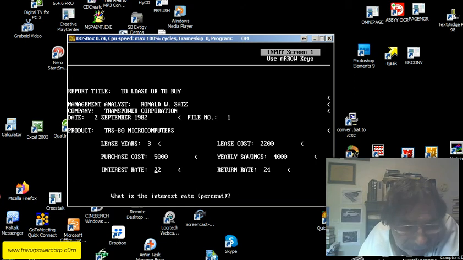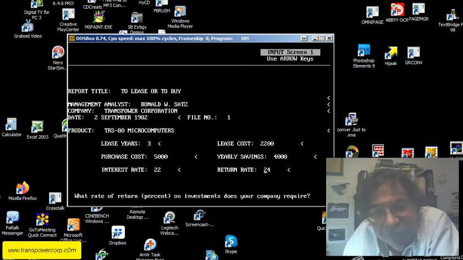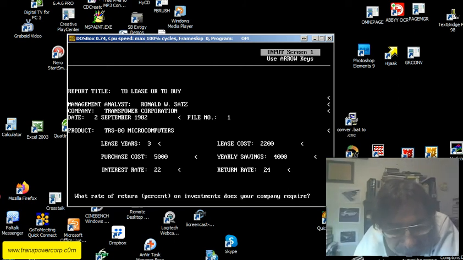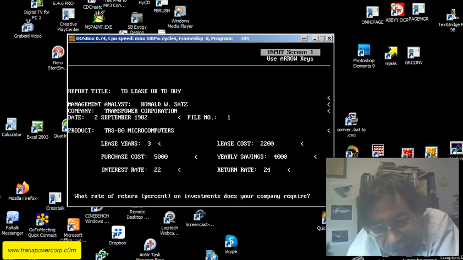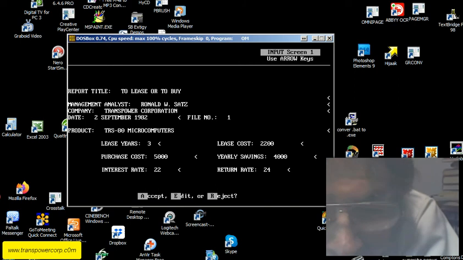Interest rate is ridiculous at 22%, and the return rate is 24%. So if you recall, the interest rates were very high in those days compared to now. So this is the rate of return percent on investments that the company requires. It's got to be a little bit more than the dominant interest rate.